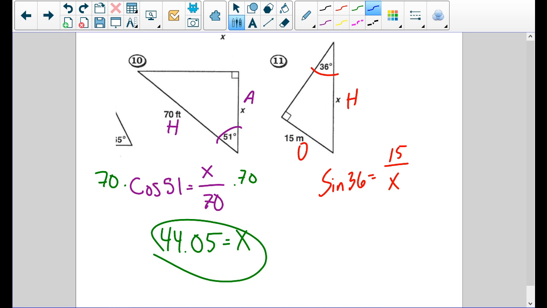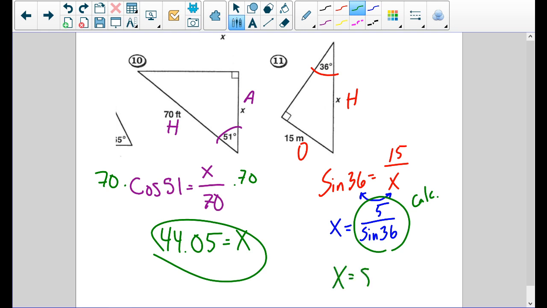Yeah, they switch spots, right? The trig and the variable switch spots. So I actually have X equals 5 divided by sine 36. That's what I'm typing in my calculator here, right? So 5 divided by sine 36 gives me what? 8.5, yeah, 8.51 if we want to round it up.